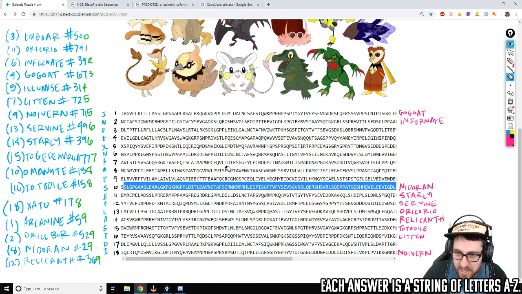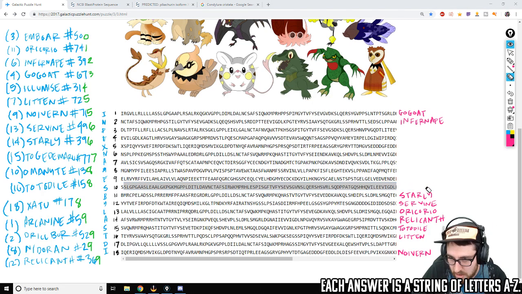Okay, so this one, I was incorrect with this one. This one is our number 2, which is drill bore.